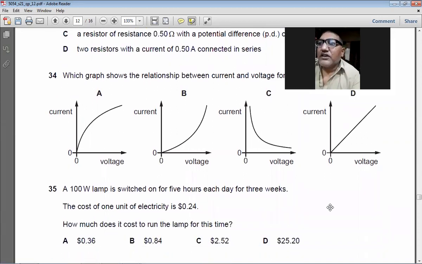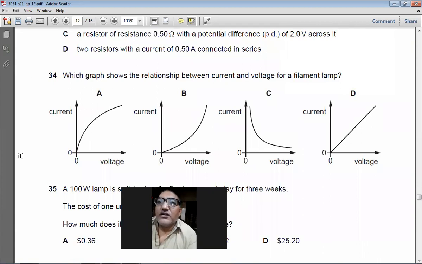Okay, here we go. Question number 34. Which graph shows the relationship between current and voltage for a filament lamp? You know, here the graphs are shown and the current is on the y-axis, the voltage is on the x-axis. The slope will be current divided by voltage.